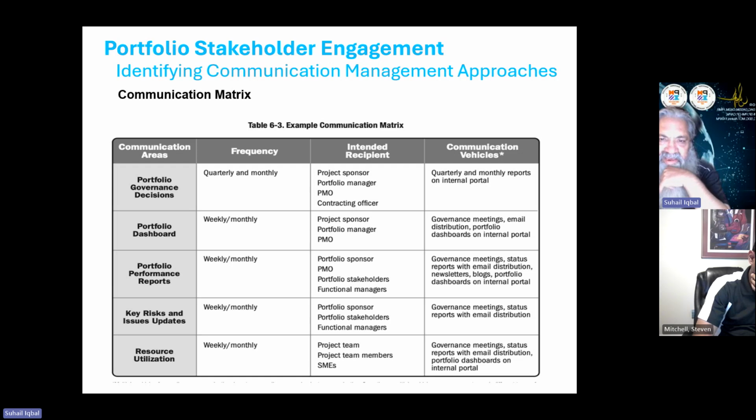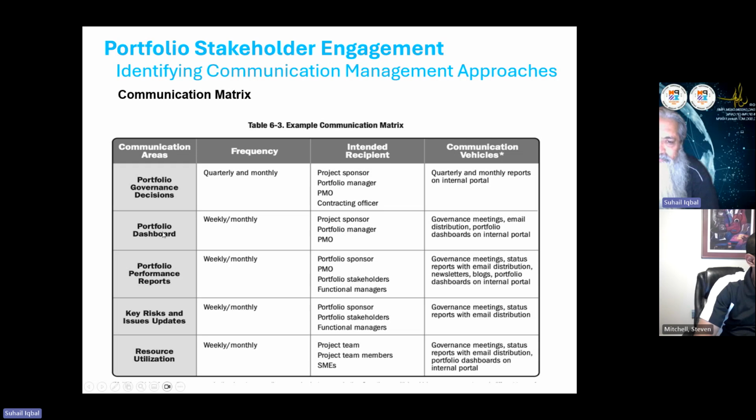These are some of the examples of communication metrics. Portfolio governance decisions could be coming out on a quarterly or monthly basis. Intended recipients are likely to be project sponsor, program, portfolio manager, PMO, contracting officer, and maybe many others. The communication vehicle for this kind of decision is a quarterly and monthly report.